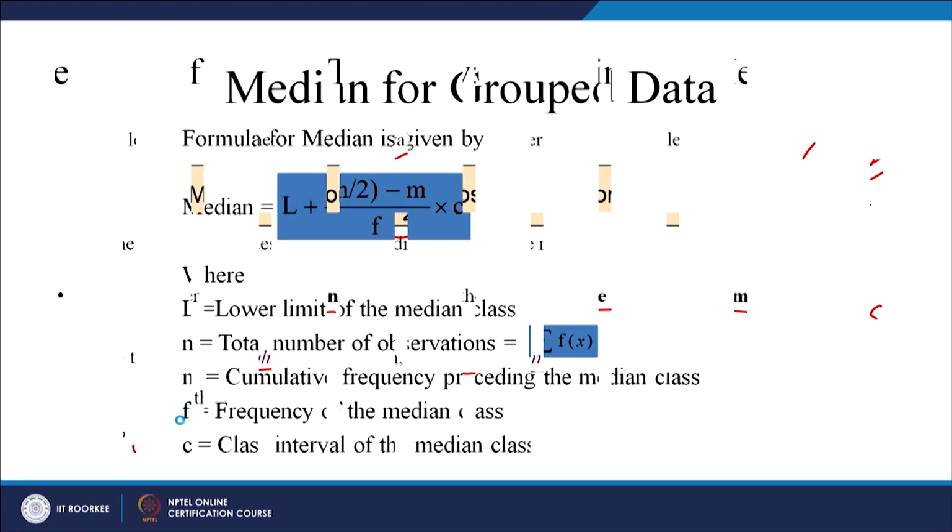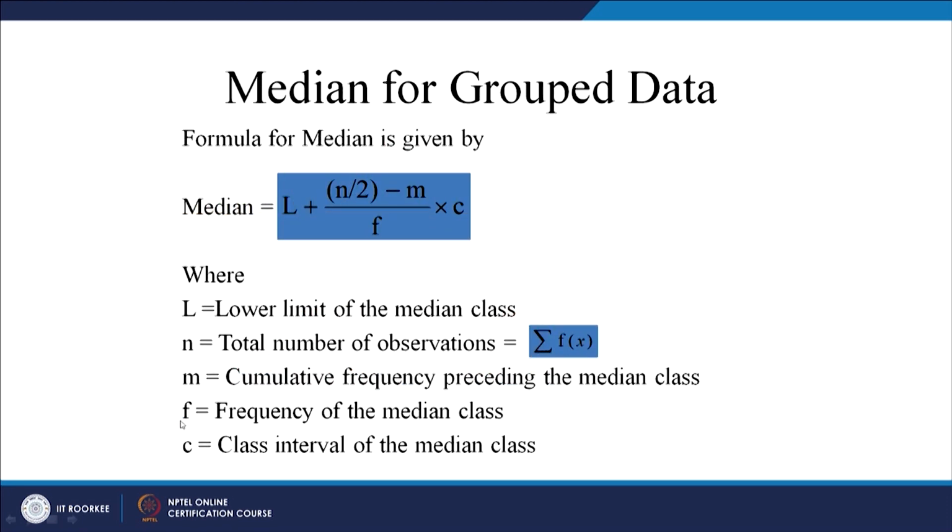Okay. Now, how to calculate the median for grouped data? The previous case was of ungrouped data.